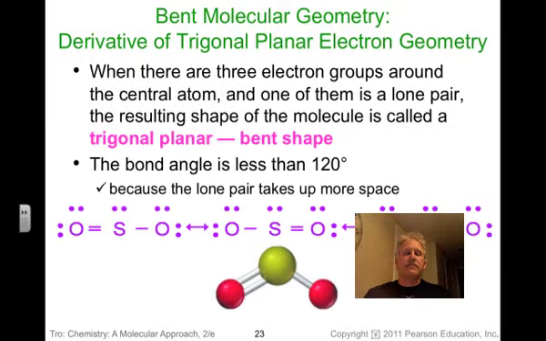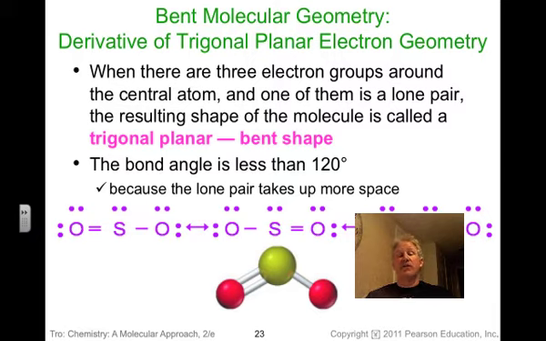All right? So let's take a look at how this affects trigonal planar. Okay? So if we start with trigonal planar and we remove one of those bonded atoms, right? In trigonal planar you have 3 bonded atoms. Remove one and replace it by a lone pair.